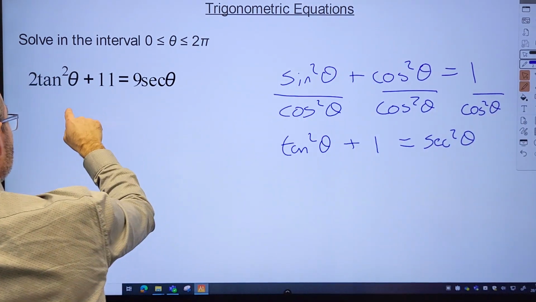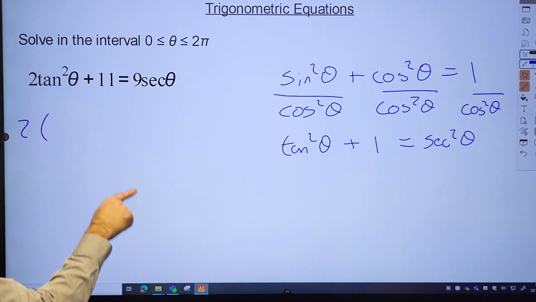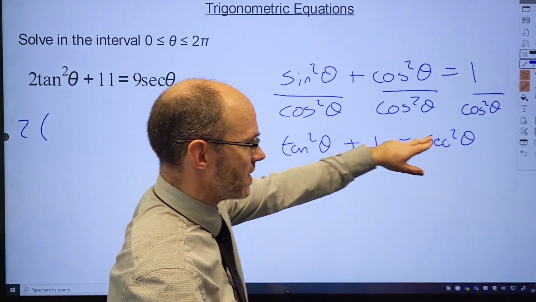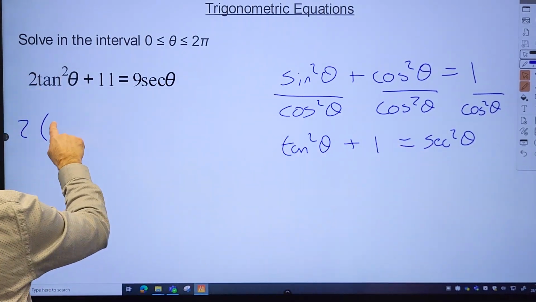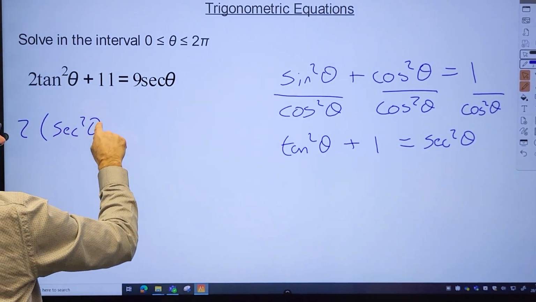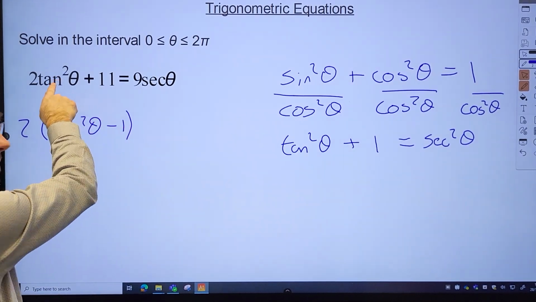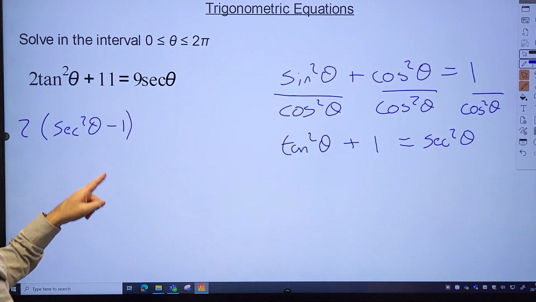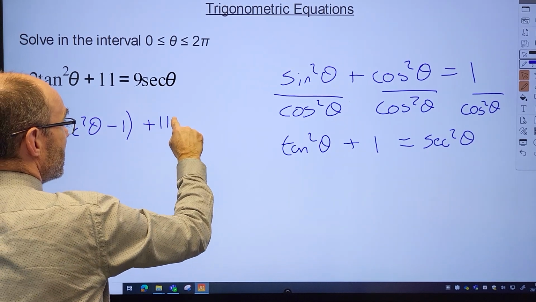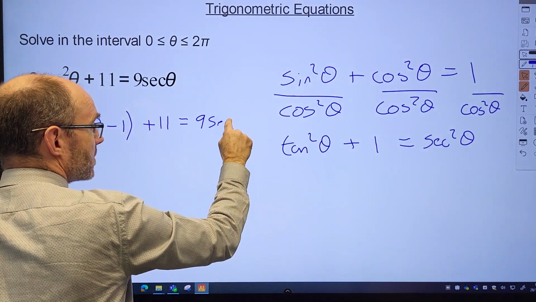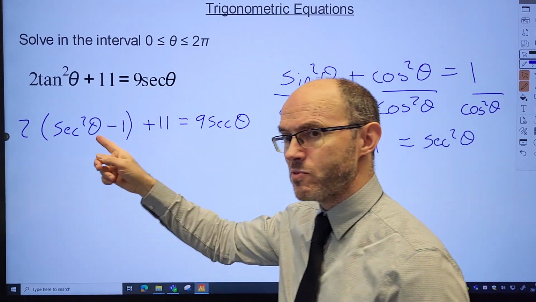And then you just put it in here. So 2, and instead of tan squared theta, you just want to put the 1 onto that side. So you'd have sec squared theta minus 1. So that's the tan squared theta bit, sec squared theta minus 1. And then plus 11 equals 9 sec theta. And then you just expand the brackets and simplify.